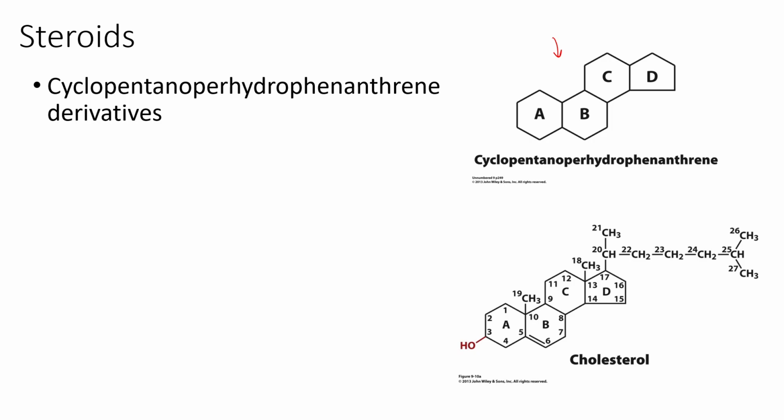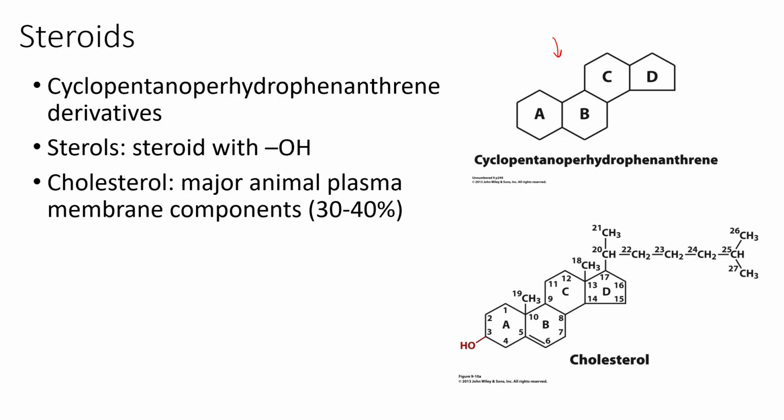One really common steroid that we are probably all relatively familiar with is called cholesterol, which we see pictured here on the bottom. Cholesterol is a type of sterol, and a sterol is a steroid that has a hydroxyl group. As we can see, cholesterol has this steroid backbone that matches our ring structure at the top, and in addition it has one hydroxyl group, making it a sterol.